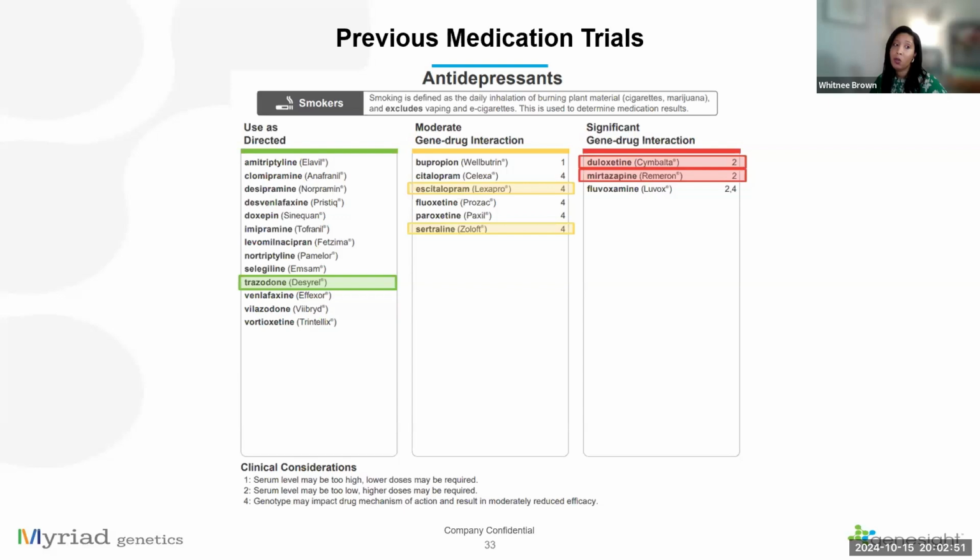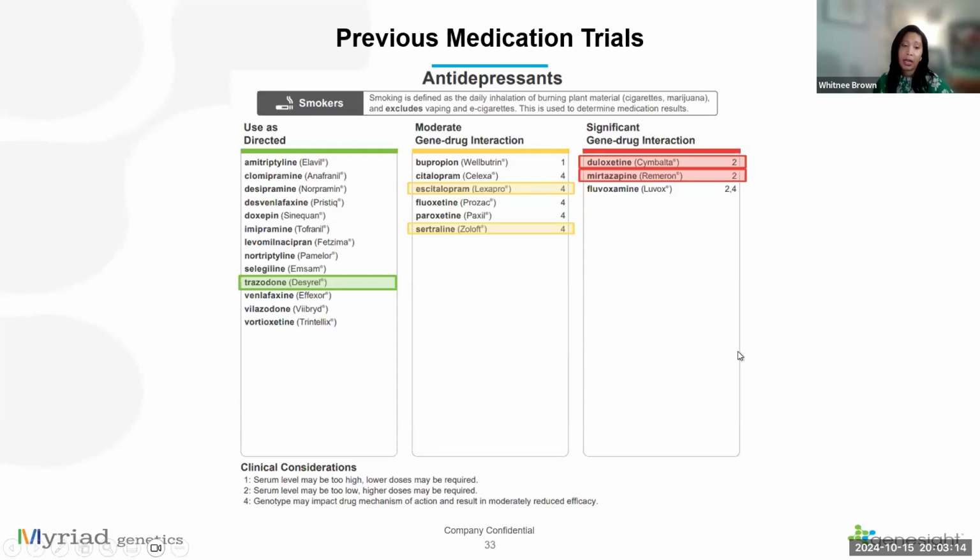Oftentimes, as healthcare providers, when we're not getting that initial response, we typically increase the dosing. Without having the GeneSight report prior to the treatment plan he had experienced, it's likely that the dose continued to be increased until the outcome was achieved. But essentially he experienced the mania, which led to hospitalization.